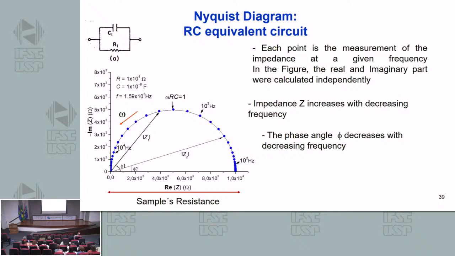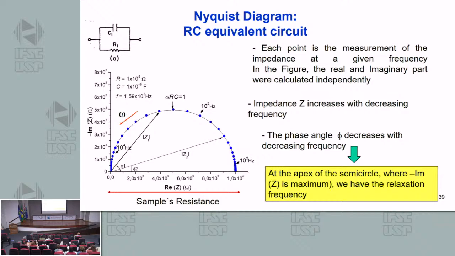This is an example of a glass which has no grains, no grain boundaries. At the apex of the semicircle, where the imaginary part is maximum, we can find the relaxation frequency. The relaxation frequency is the only one which satisfies the relation omega RC equal to 1. If I have the relaxation frequency and the resistance, I can calculate the capacitance.